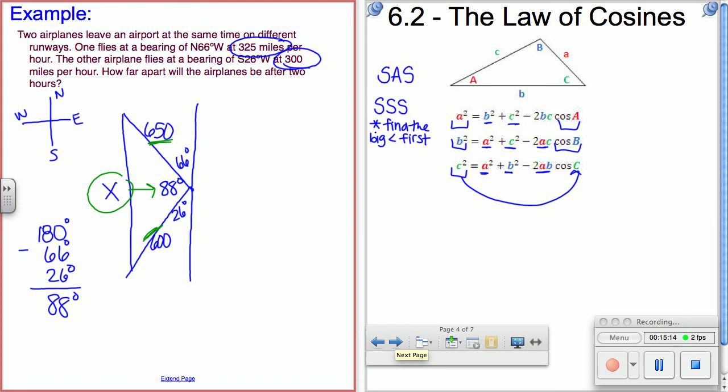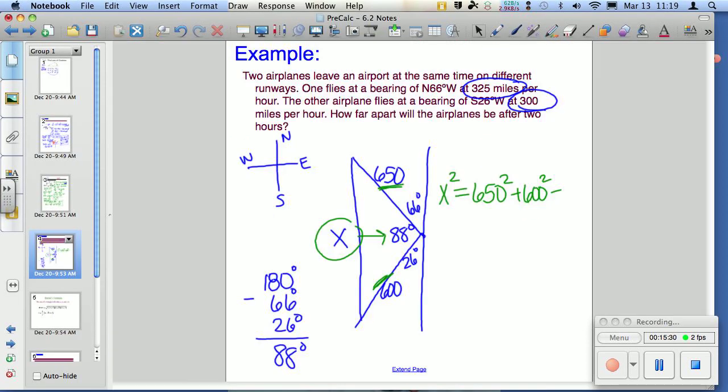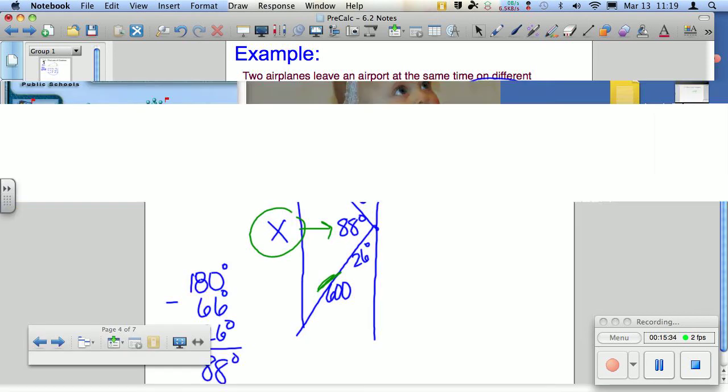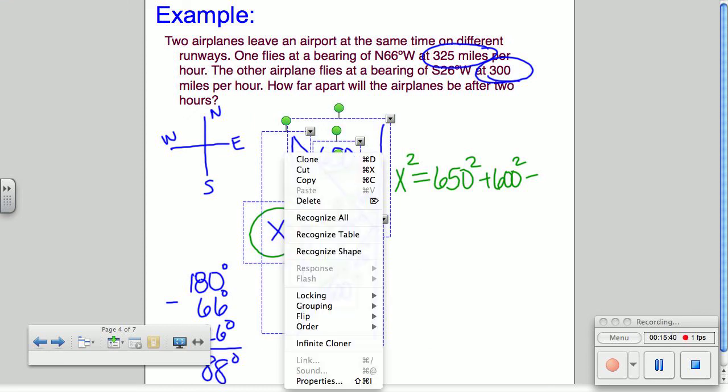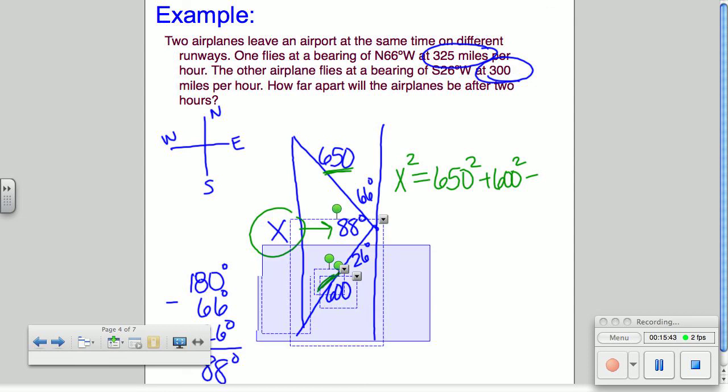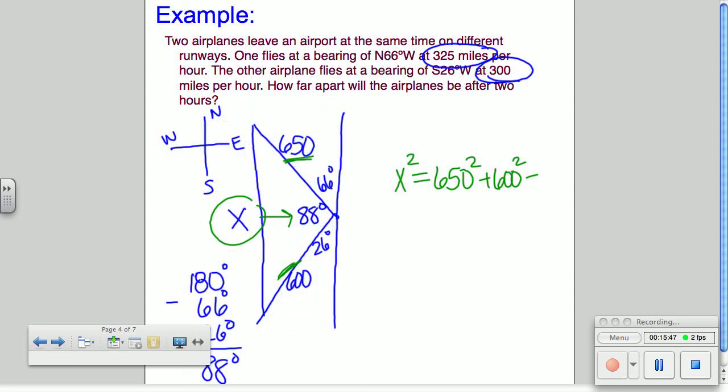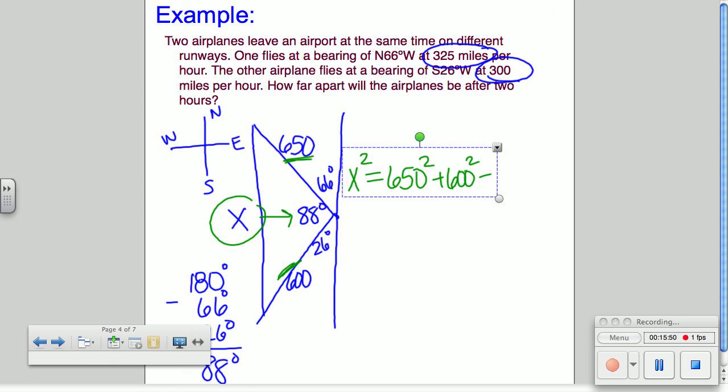I'm going to start with x squared equals, remember then we square the other two sides, minus, we times them by 2, let's go ahead and make a little bit more room here, times the cosine of the angle, 88 degrees.